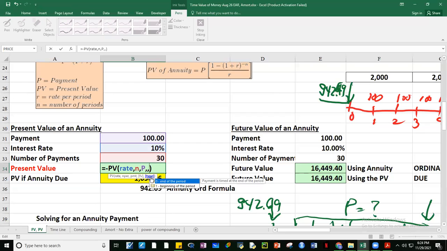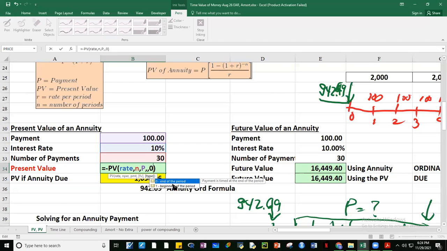Another comma, type. So what's the type here? In the absence of any clarification whatsoever, whether it's an annuity ordinary or annuity due, always assume that it's an annuity ordinary. So dito i-assume natin na ordinary siya. Kung ordinary, 0 dapat yan kasi end of the period. Kung annuity due, dapat 1 yan kasi beginning of the period.